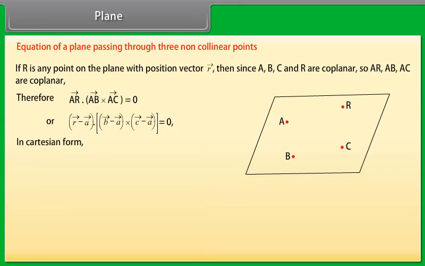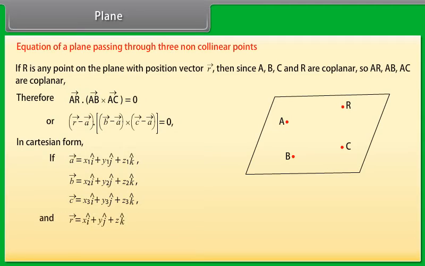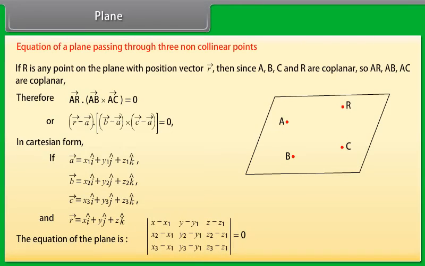In Cartesian form, if vector a equals x1 cap i plus y1 cap j plus z1 cap k, vector b equals x2 cap i plus y2 cap j plus z2 cap k, vector c equals x3 cap i plus y3 cap j plus z3 cap k, and vector r equals x cap i plus y cap j plus z cap k, the equation of the plane is the determinant, row-wise.